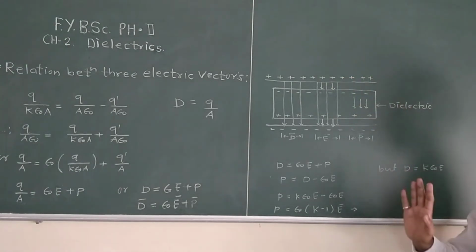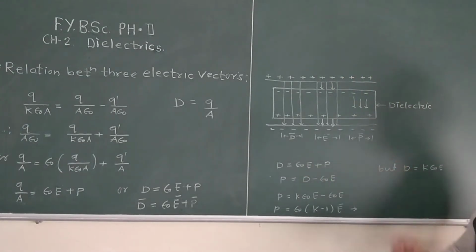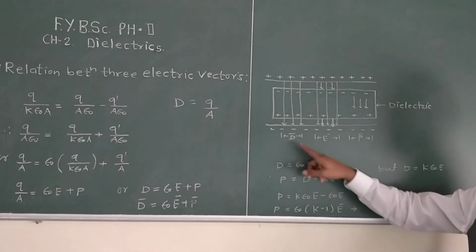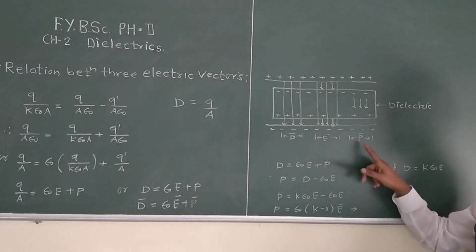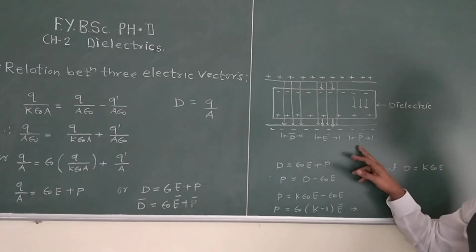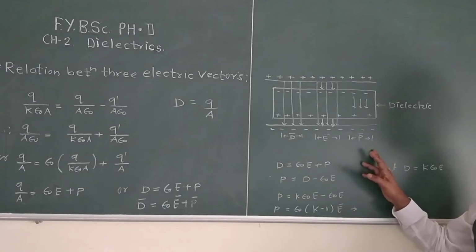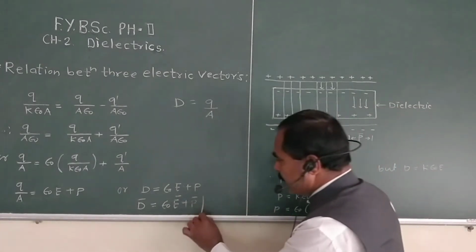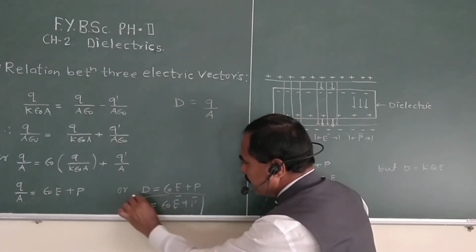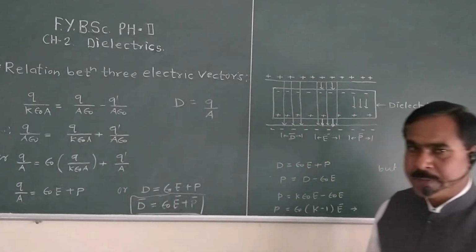So D bar is related with free charges, E with free as well as induced charges, and P with induced charges only.